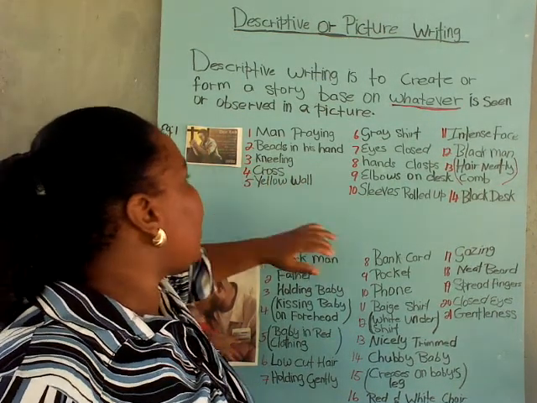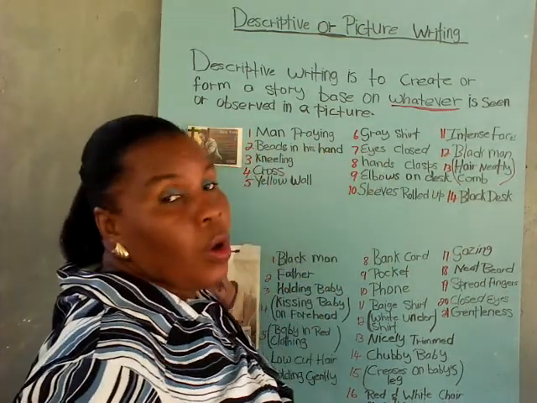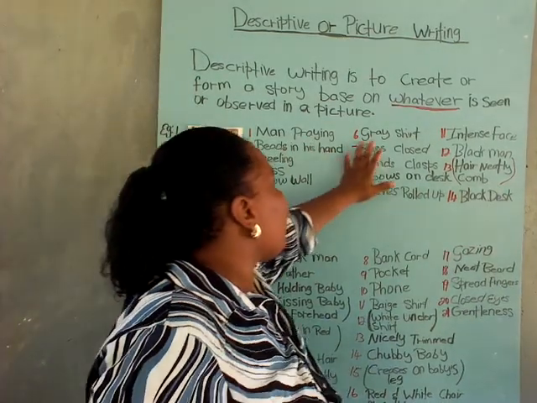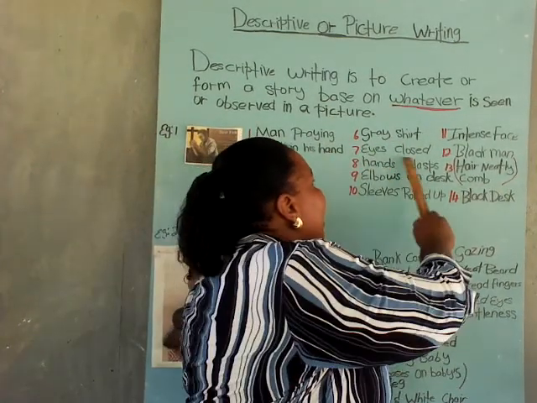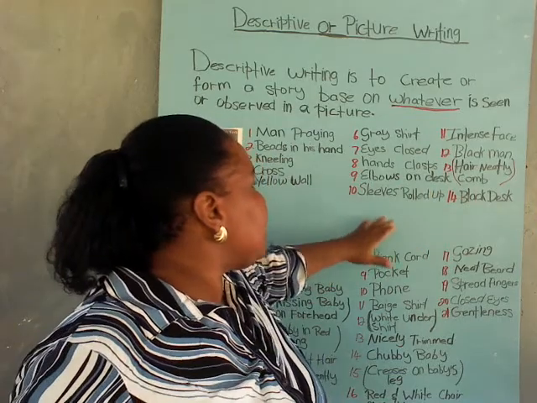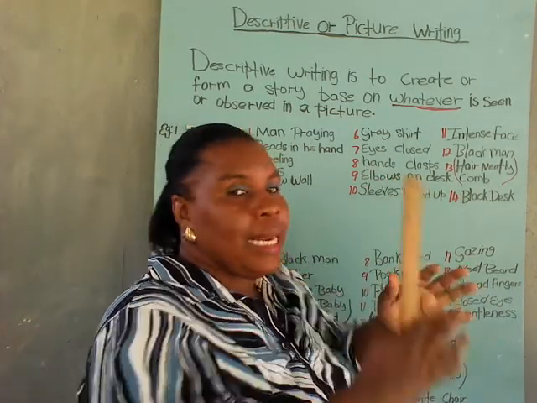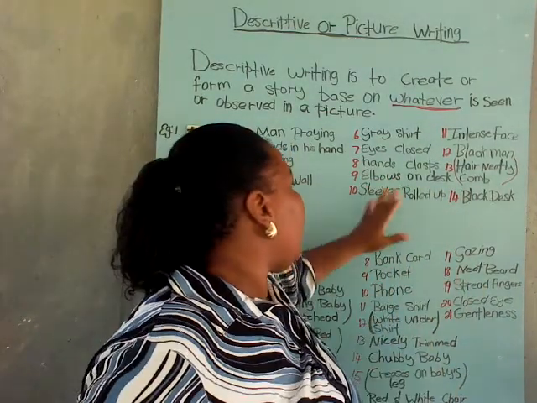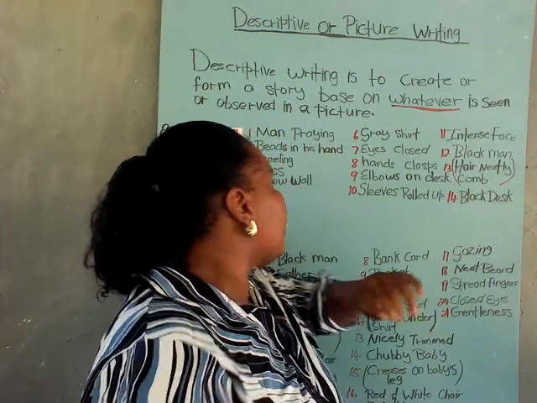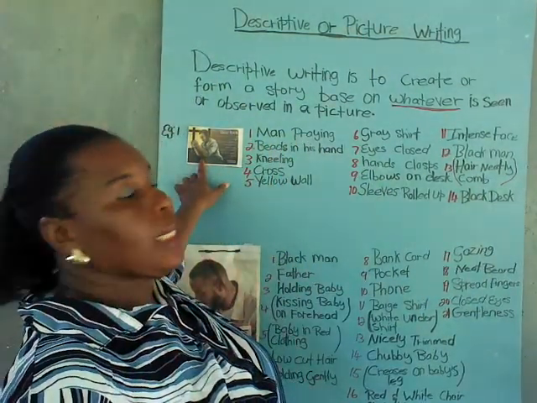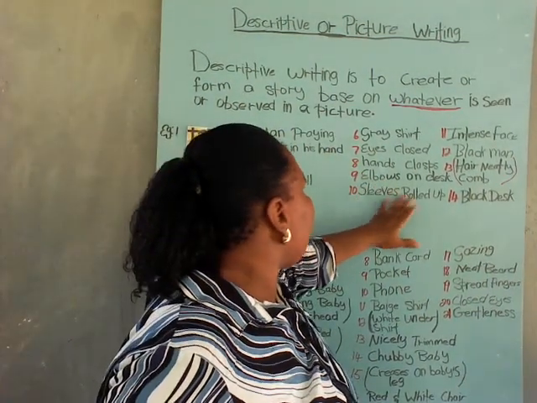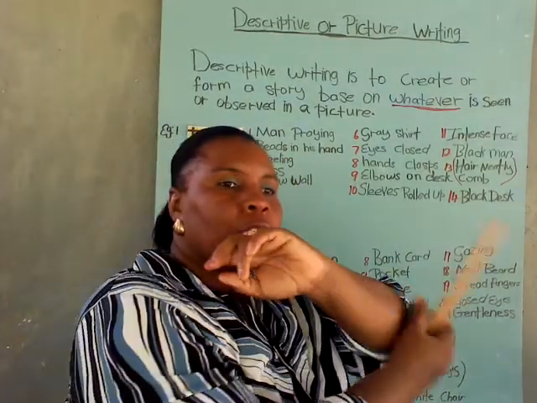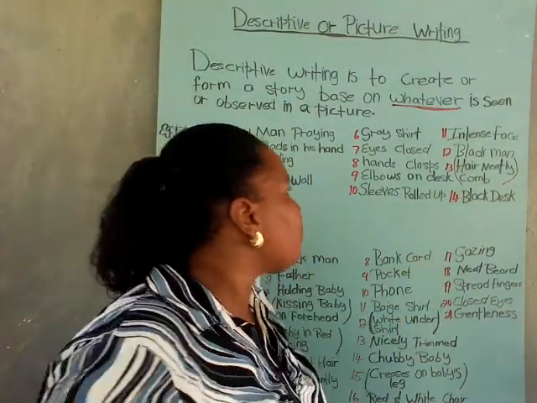You see the background has a yellow wall, and there's a cross leaning against it. Gray shirt, eyes closed, hands clasped, elbows on the desk. Okay, his elbows are on the desk. Sleeves rolled up, his shirt sleeves are rolled up.